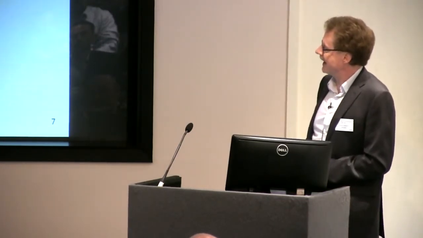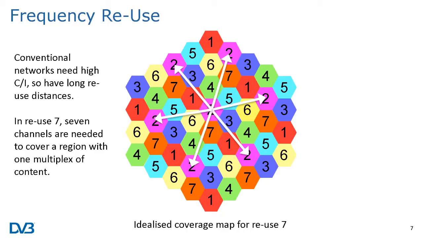So what this tells us is that if you want to represent a region or a country that's covered by a matrix of transmitters, each one of these hexagonal areas being one transmitter's coverage area, you would actually need, in this instance, 7 channels to cover the entire region with one multiplex of data.